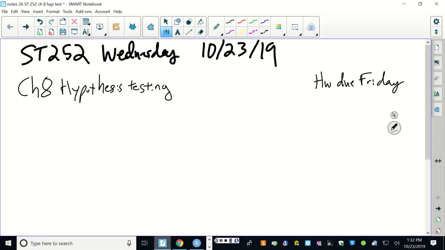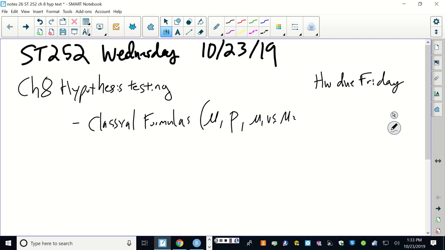So in hypothesis testing, we get the overall perspective. Now we've done some things with hypothesis testing before. We did hypothesis tests with bootstraps and with permutations. And this one will primarily do hypothesis testing with so-called classical formulas for a few things: for one mean, for one proportion, for mu1 versus mu2, and for comparing a couple of proportions, p1 and p2.